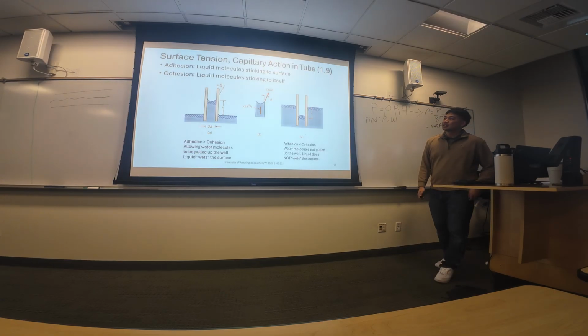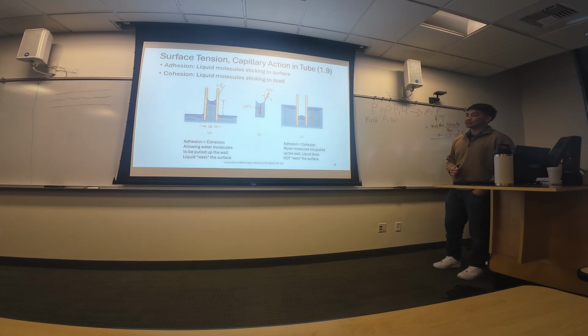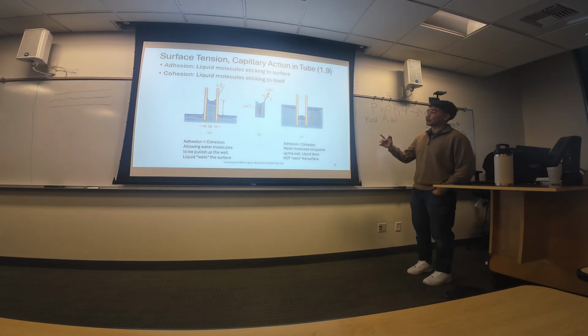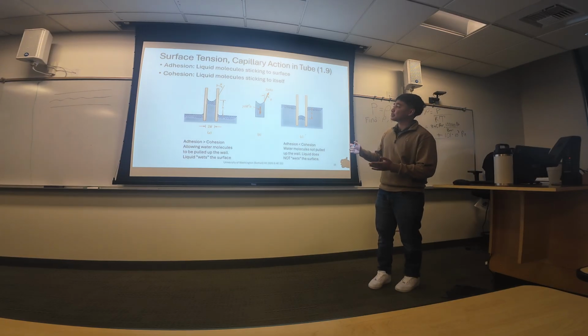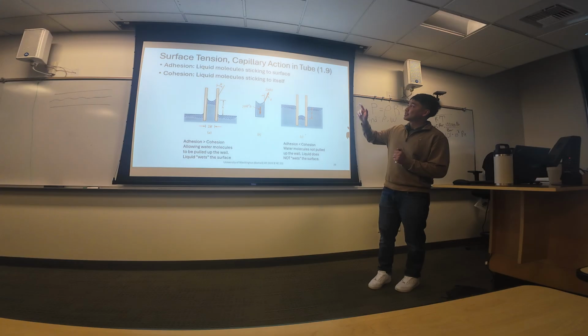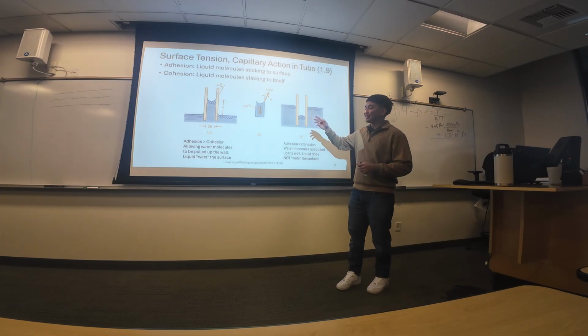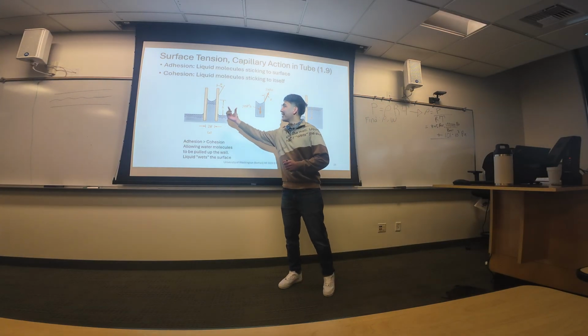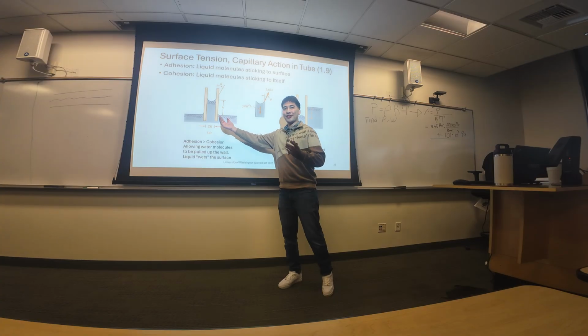Okay, so this is important. This 1.9 is going to be one of the equations for your homework problems. So this term, capillary action. I had to look this up. This basically is a fancy term for a tube, a straw. I'll say straw.